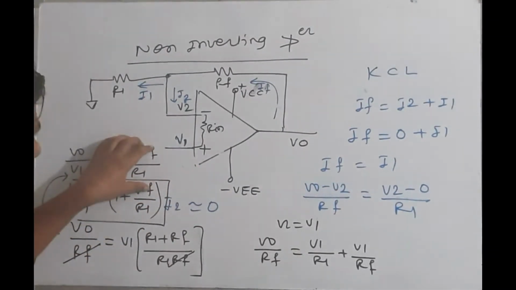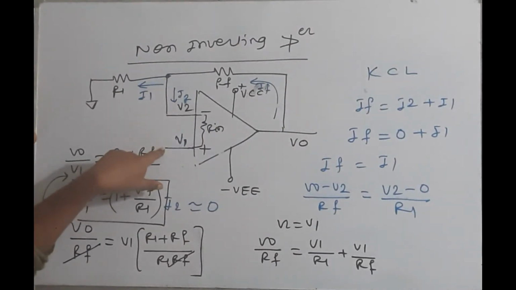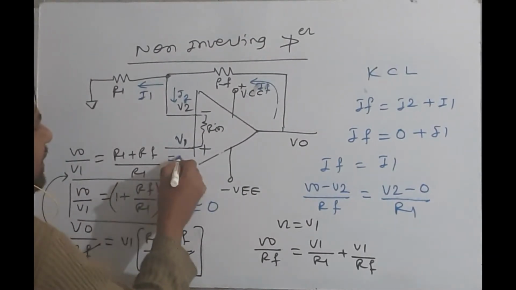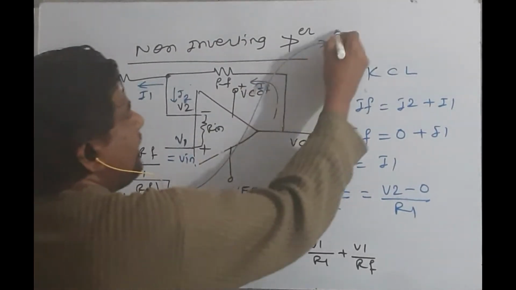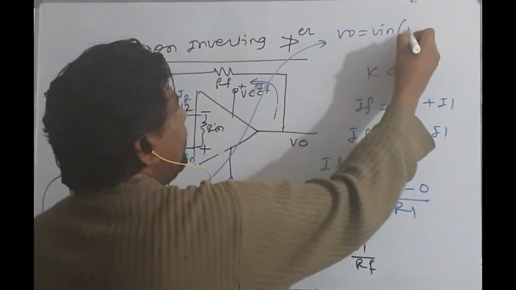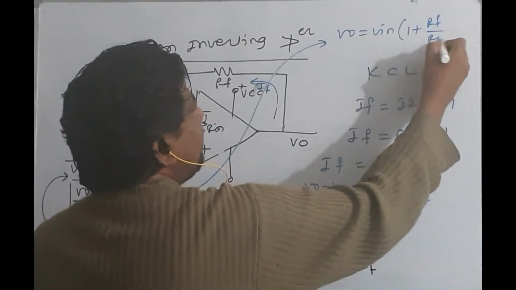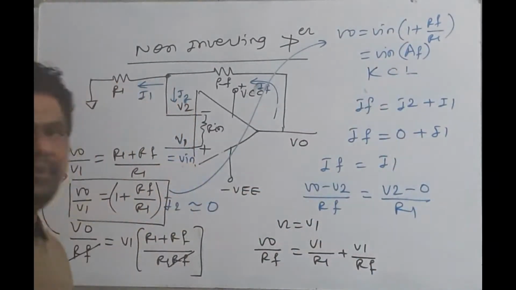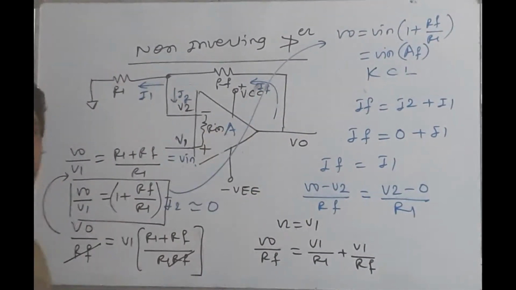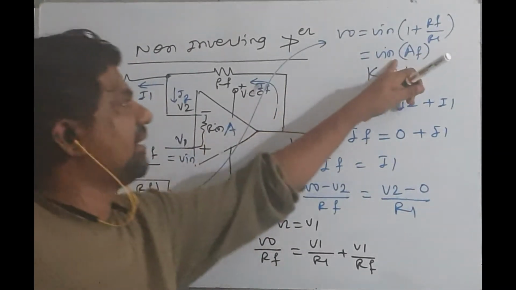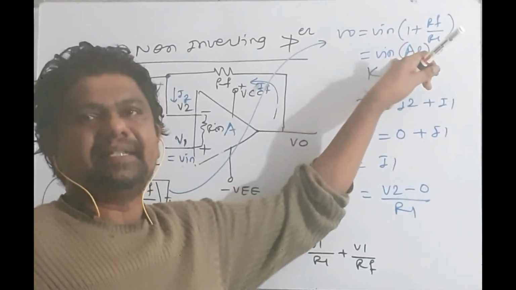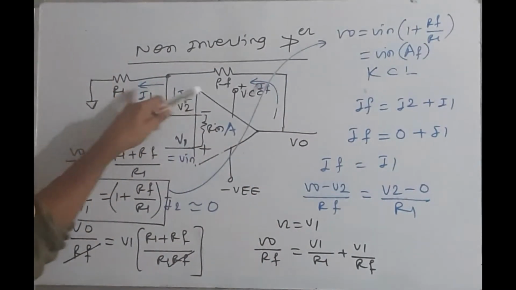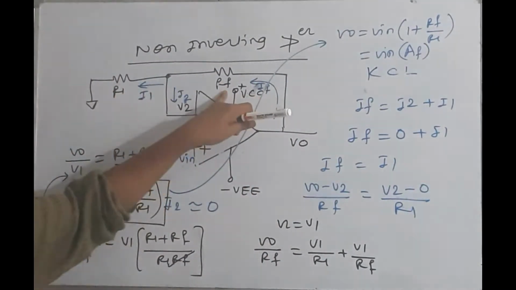If network is not there and Vin is directly applied here, V1 is equal to Vin, then I can directly write V0 is equal to Vin into 1 plus RF upon R1, which is equal to Vin into AF, the gain with feedback, because this operational amplifier will have open loop gain A, and with negative feedback I will get a decrease in gain. AF is equal to A divided by 1 plus A beta. So beta I can find out, and by using that we can do the analysis.